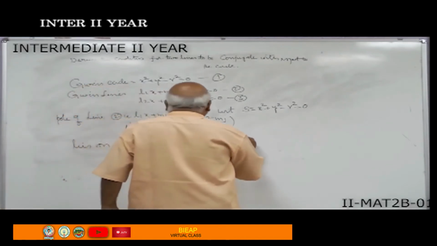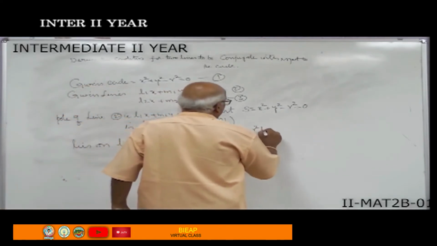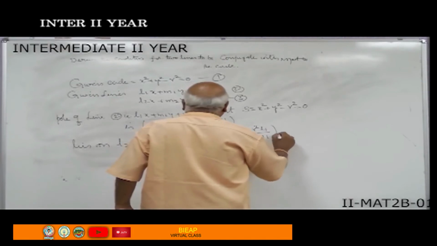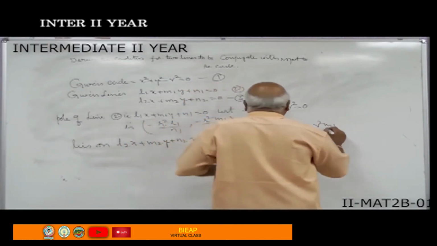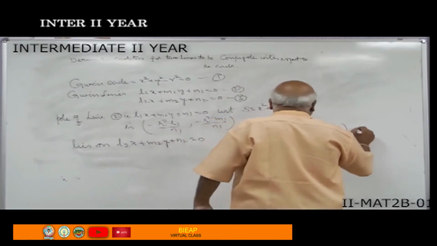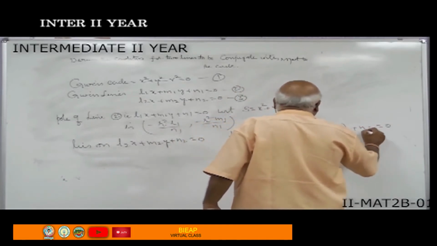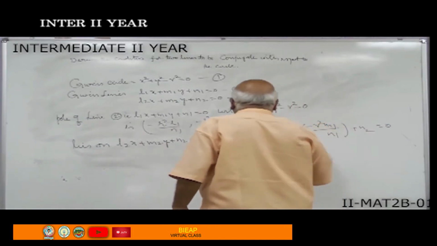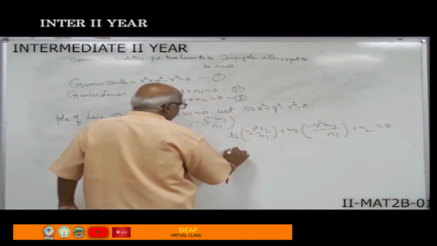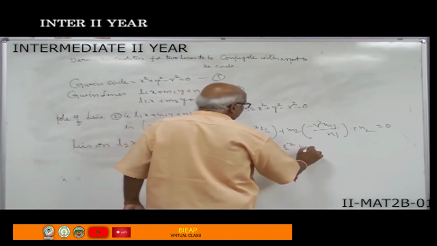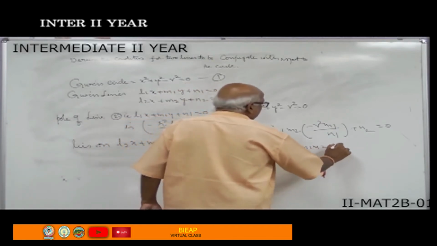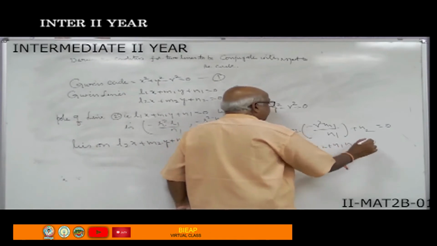Then substituting L2 into minus r square L1 by N1, M2 into minus r square M1 by N1, plus N2 equal to 0. Then minus r square L1 L2 minus r square M1 M2 plus N1 N2 equal to 0.